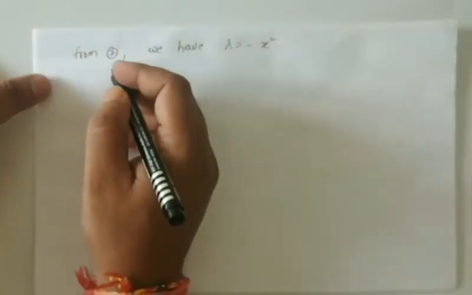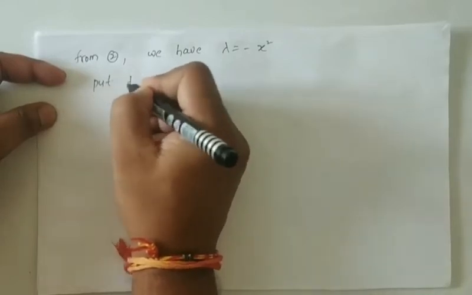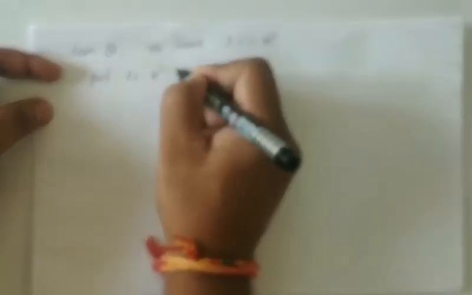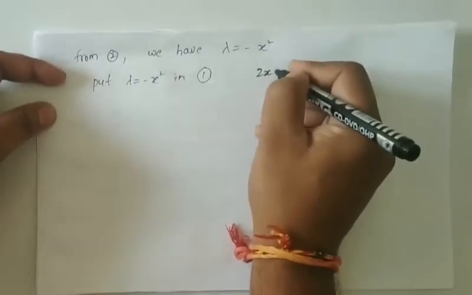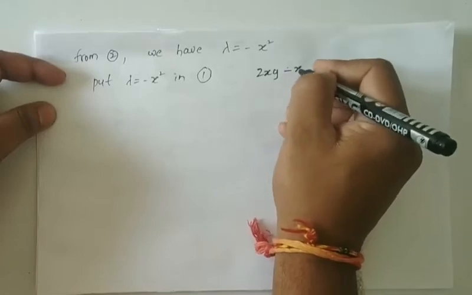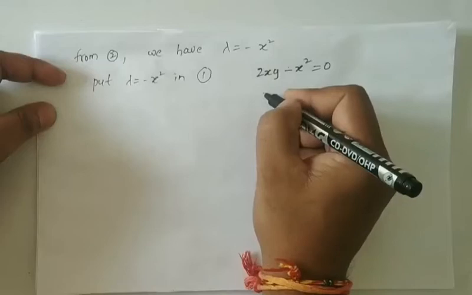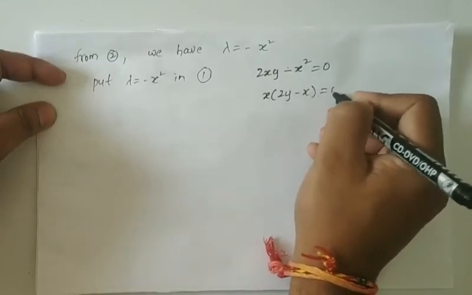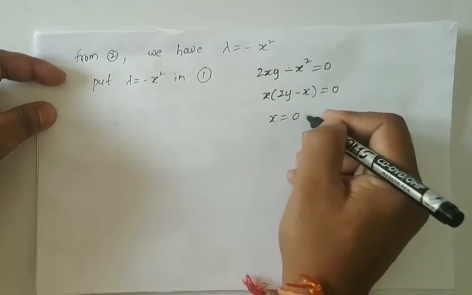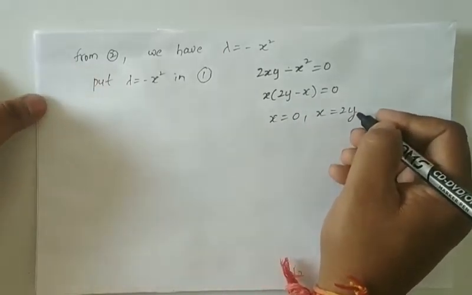That gives 2xy minus x square is equal to 0. This is x into (2y minus x) equal to 0. Therefore x is equal to 0 or x is equal to 2y. Clear?